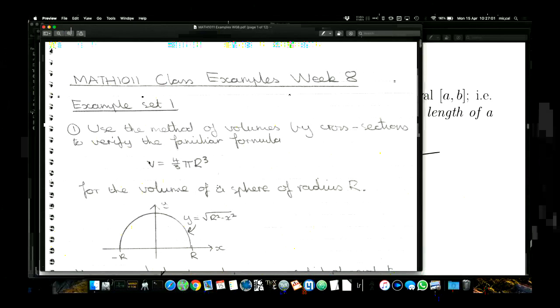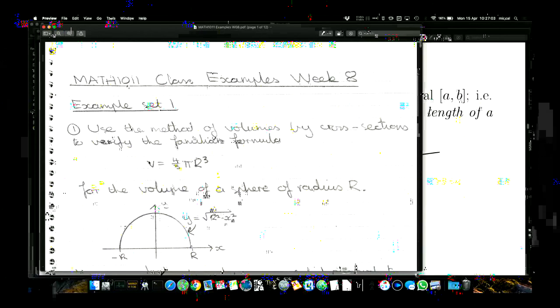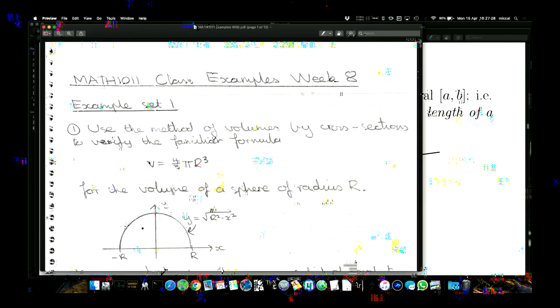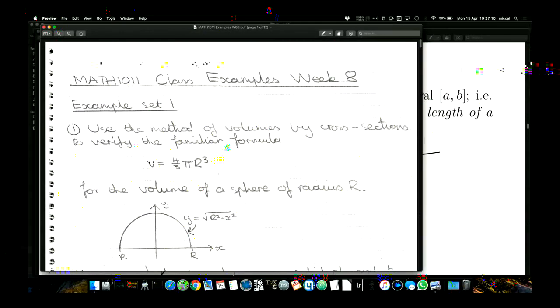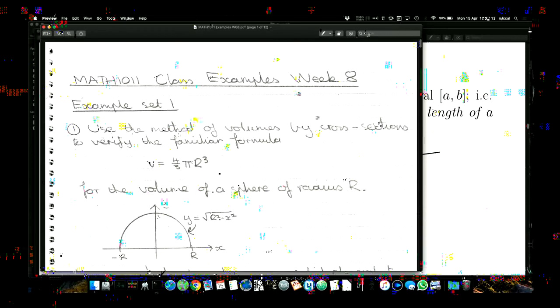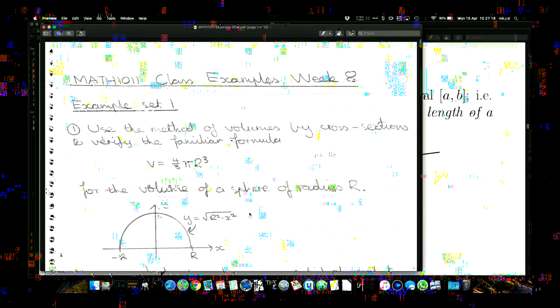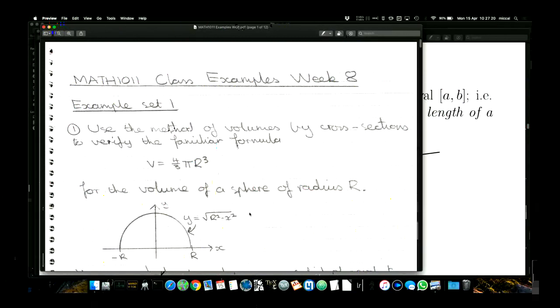If I rotate this around the x-axis, it's volumes of slices. A particular slice is pi r squared again, so pi times this all squared at a particular value of x. Then you integrate from minus r to r and sum them all.